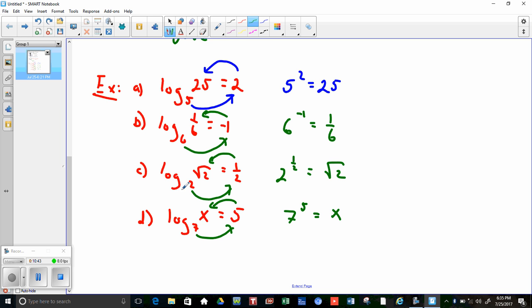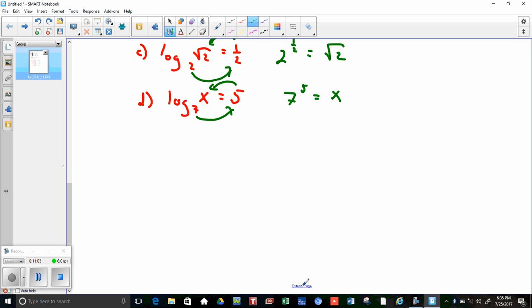Now that we know how to go from a log to an exponential, now we're going to learn how to go from an exponential back to a log. So let me just go ahead and extend my page here. Obviously, you guys might have to use another page, and that's fine.